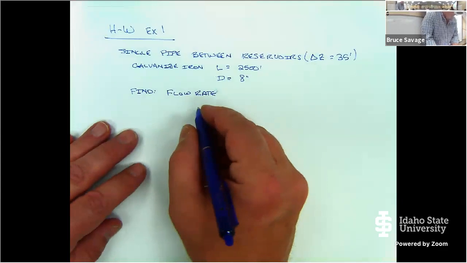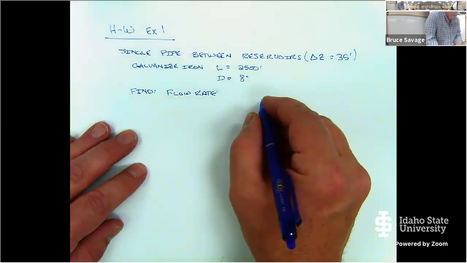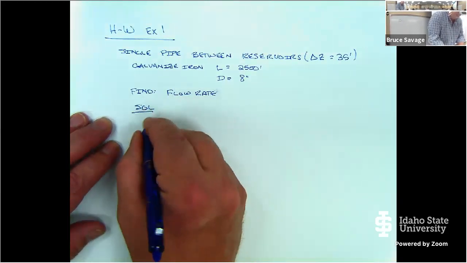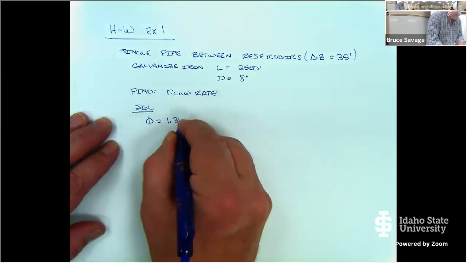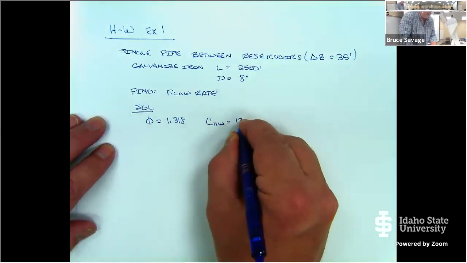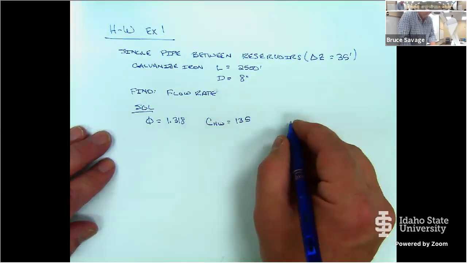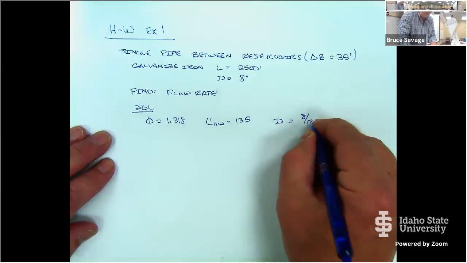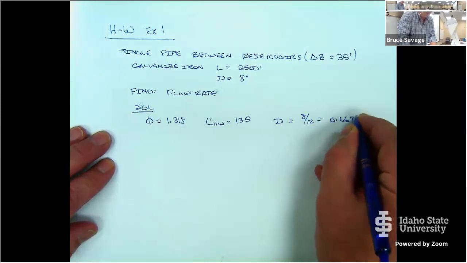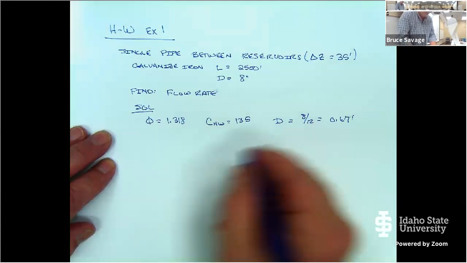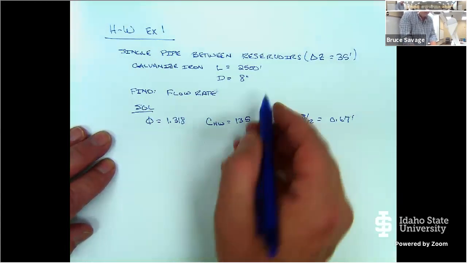So in the solution, phi is going to be 1.318 because I'm working in the English system. C sub HW is 135. My diameter, I'm going to put into units of feet because this is an empirical equation. So 0.667 feet, just call it 0.67. And we already know the length up there.